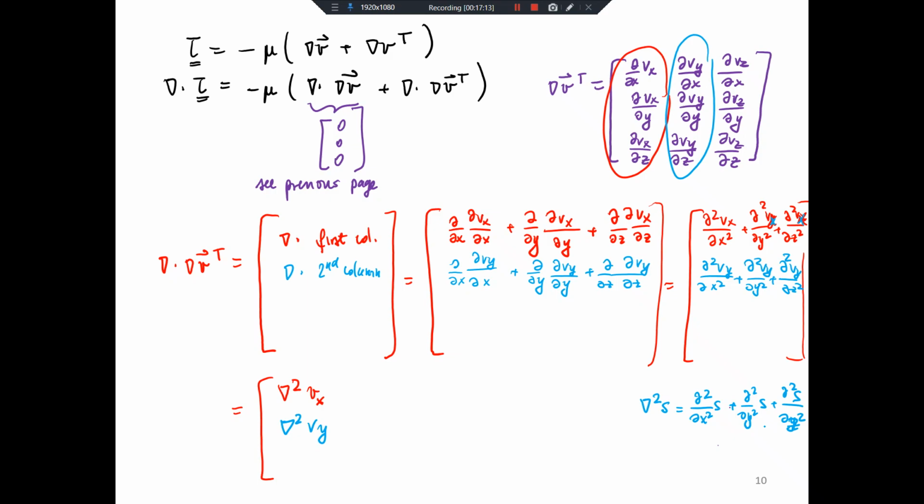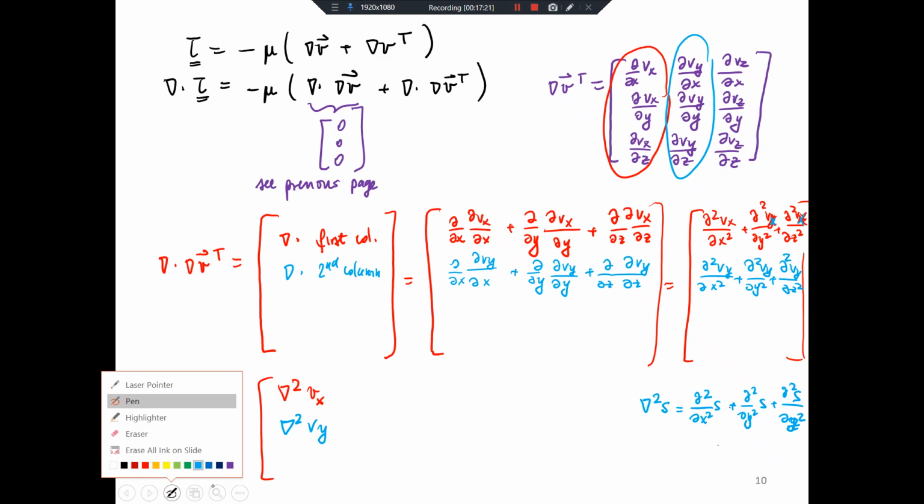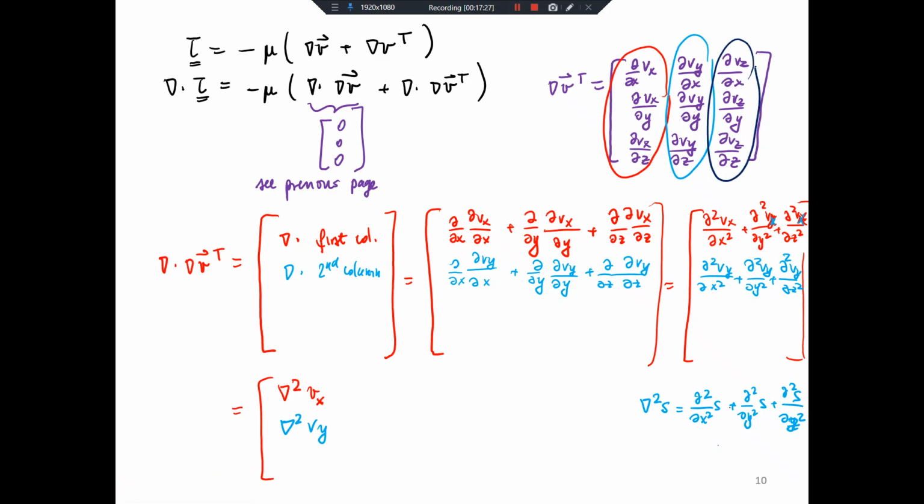Excellent. And finally, you can see where this is going. The third column. I'm going to do, let's just go with this. Why not? Okay. So this is going to end up being the same even without deriving it.